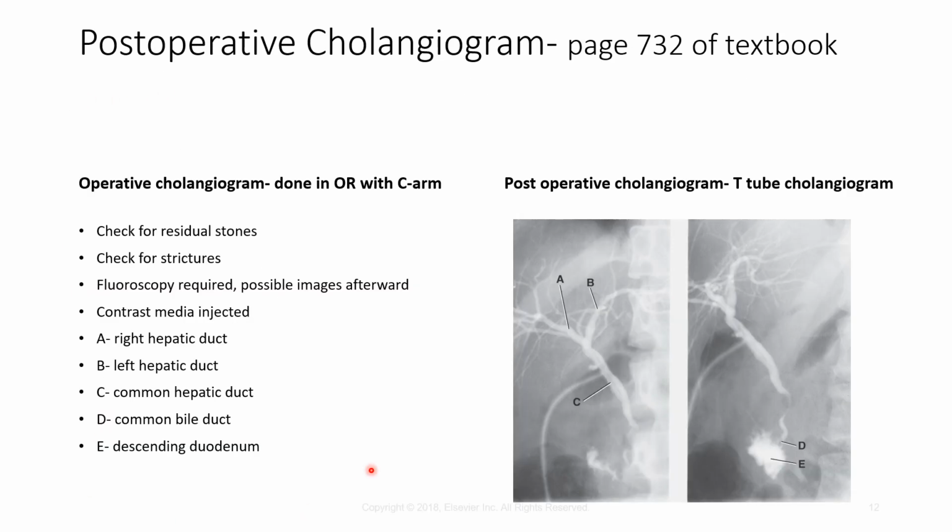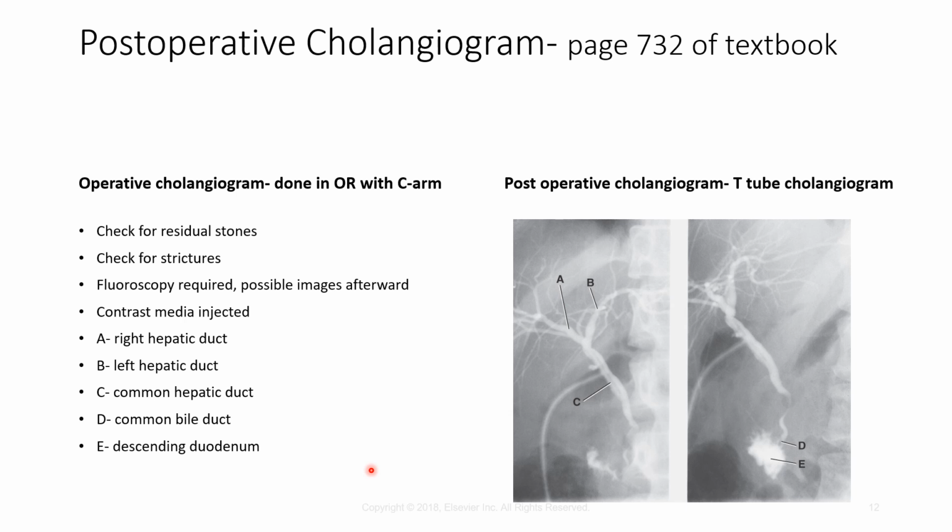Last, we have what's called a post-operative cholangiogram. So post-operative means after surgery. On page 732, you can see that this is called a post-operative cholangiogram or a T-tube cholangiogram. So typically, once the patient has had surgery, the surgeon could be concerned about any residual stones left in the biliary ducts that were not noticed during surgery.